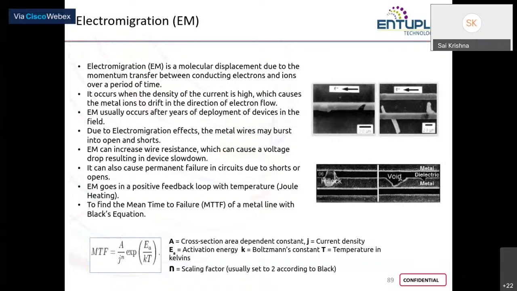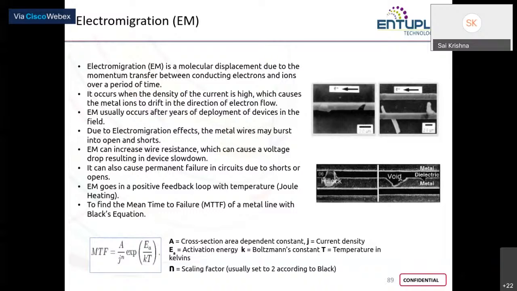So that is why it is the responsibility of the foundry unit to make sure that whatever metals they are using do not undergo electromigration in a very short span of time. Even in our day-to-day life, any electronic gadget, something like your motherboard or anything, when you use it over years, it breaks down, right? That could be because of electromigration.